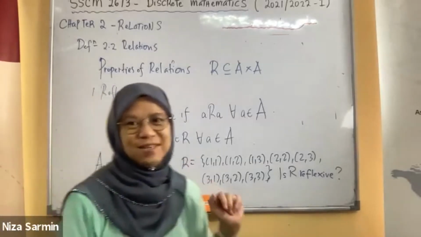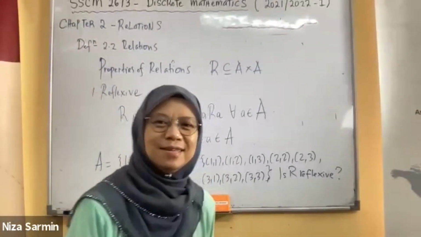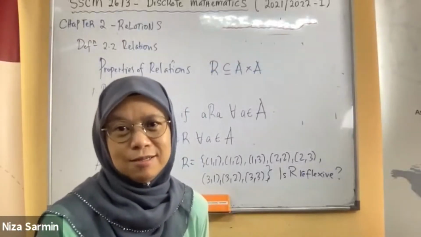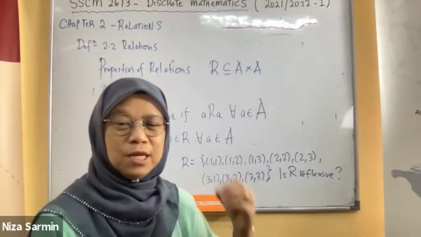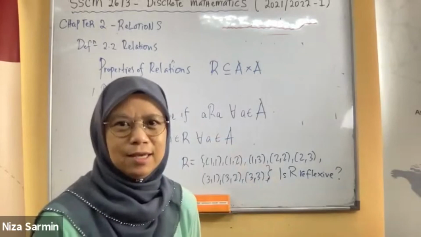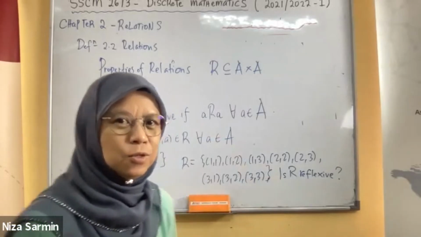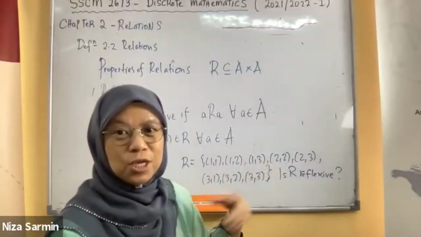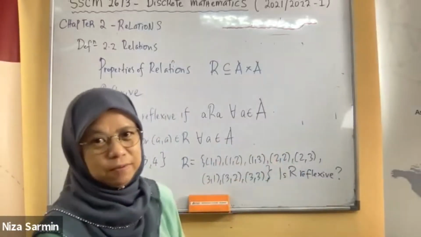So, is it reflexive? No, because 4, 4 is not inside. To be reflexive, A, comma A has to be in R for all A. 4 is in here, but 4, 4 is not in here. So, it is not reflexive.